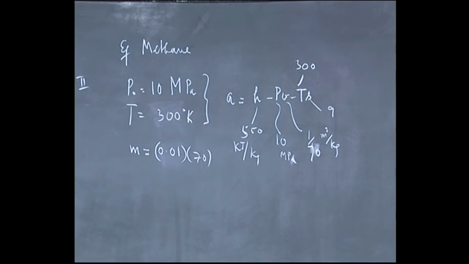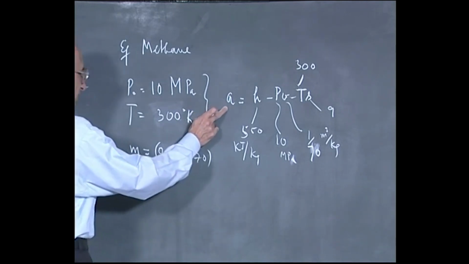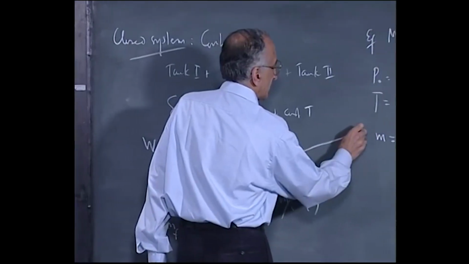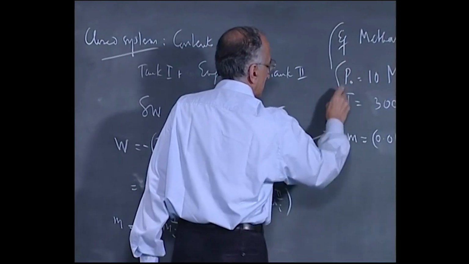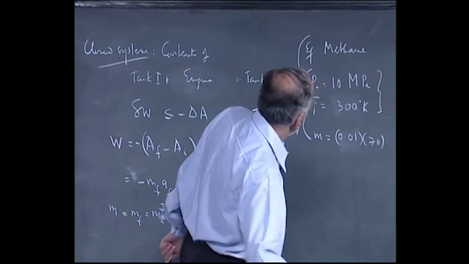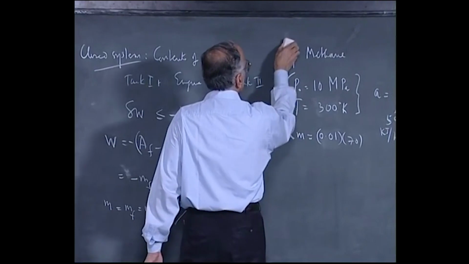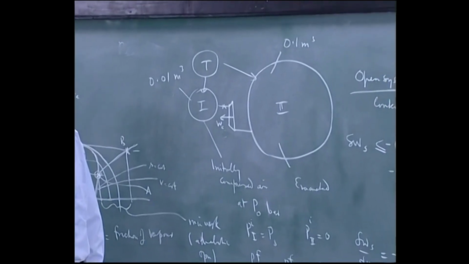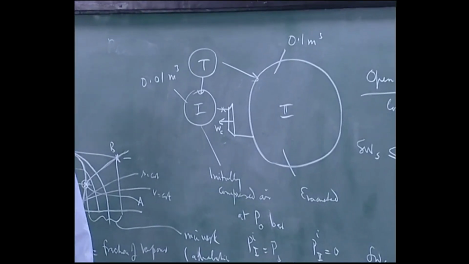So you will multiply m into A, this is A initial, this is m initial, so you have got this figure. To get the final state, you have to realize that the total volume is given, it is an isothermal operation, so the mass is the same.